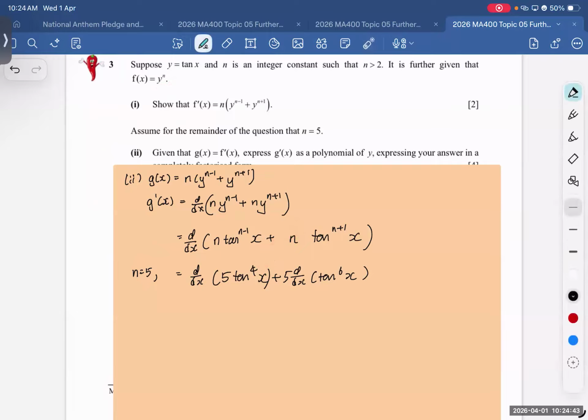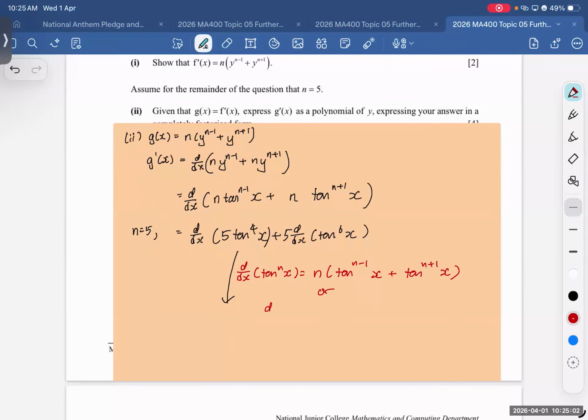So in this case, you apply the result. The result is that differentiating tangent n power x gives you n of tangent n minus 1 x plus tangent to the power of n plus 1 x. Or you can also say differentiating y power n is n y power n minus 1 plus y power n plus 1, where y equals tangent x.